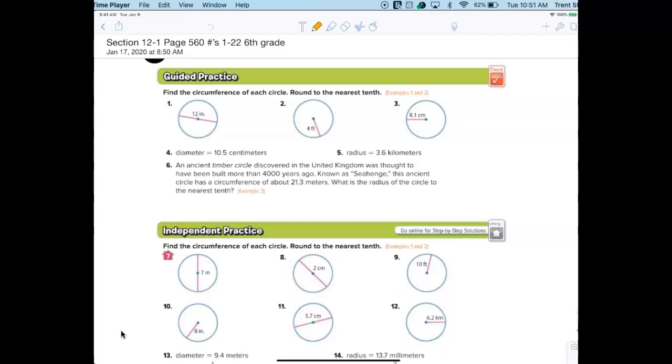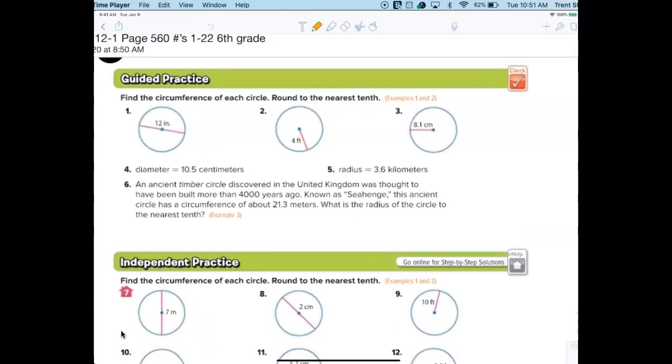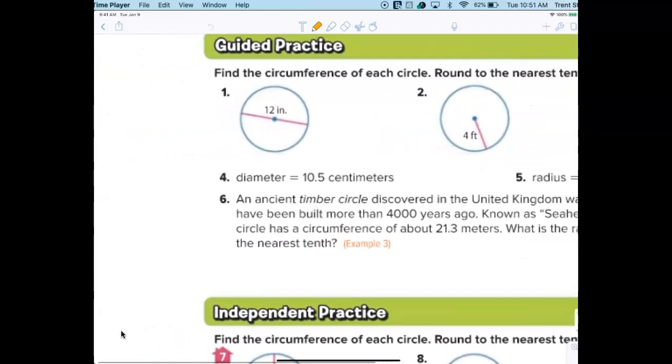Now, can anybody remind me what the circumference formula from last year was? Yes, it is. Very good. The diameter times pi.